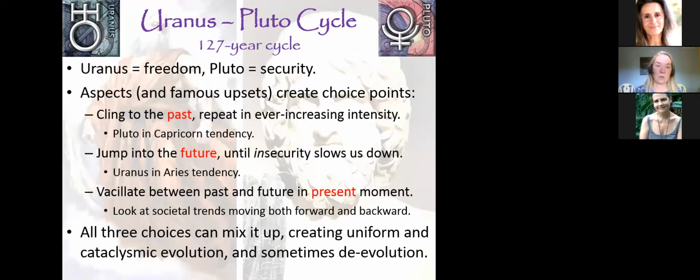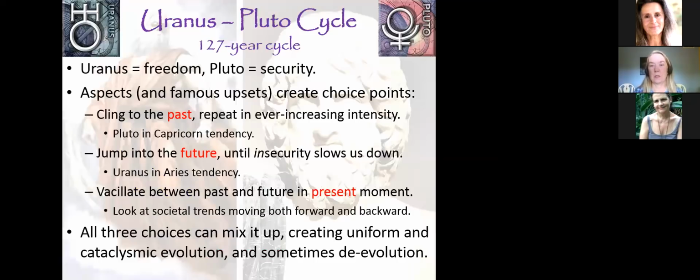Now, these three choices can all mix things up together, and it can create what we call uniform evolution, which is again day by day, year by year, step by step, and it can create those famous cataclysmic revolutions that Uranus and Pluto do. It's always up to the free choice of individuals on an individual basis, up to the largest consensus in any group of people.